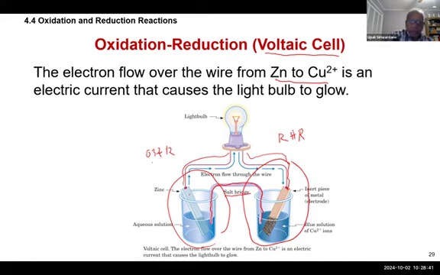Therefore, when this is connected, zinc gets oxidized. That's the oxidation half reaction: zinc goes to zinc 2 plus and 2 electrons.